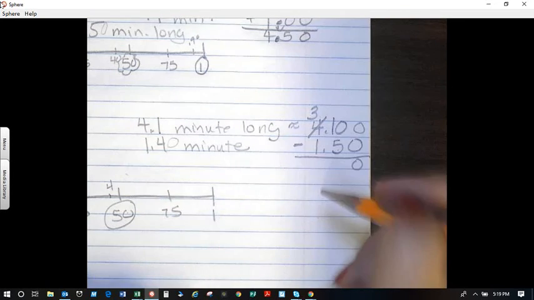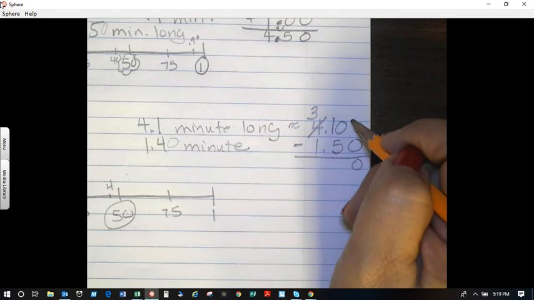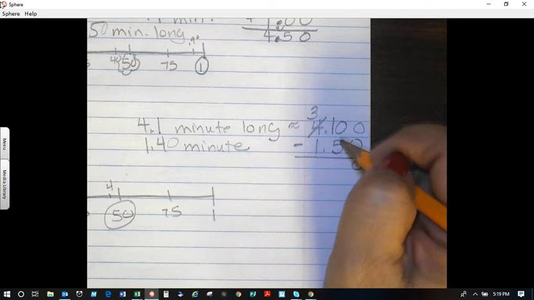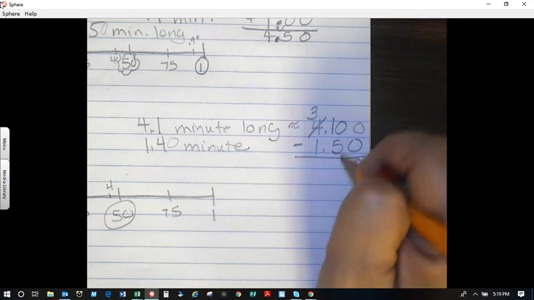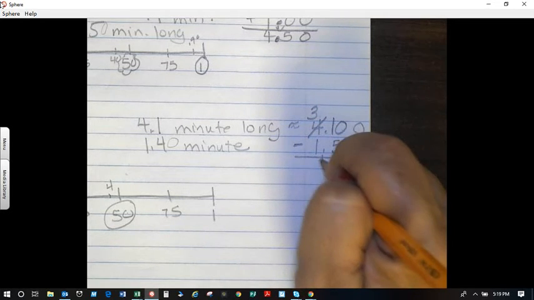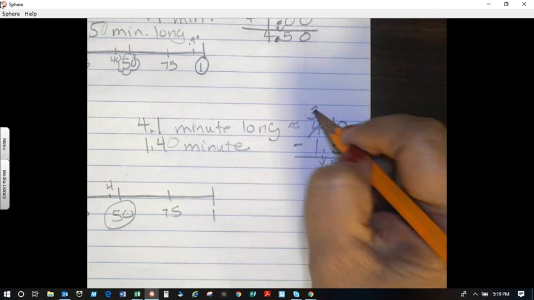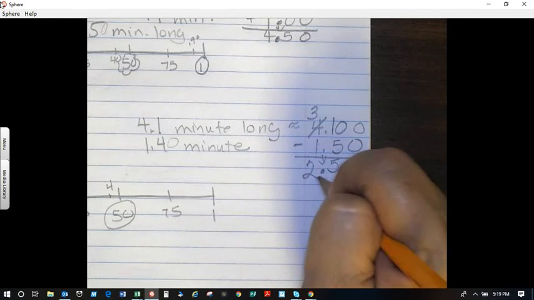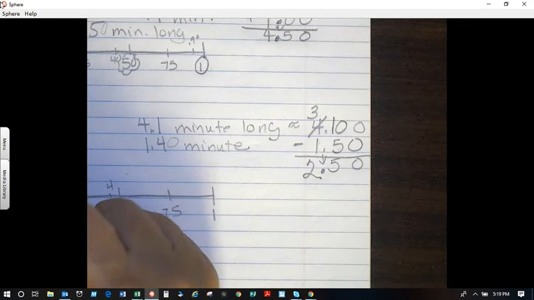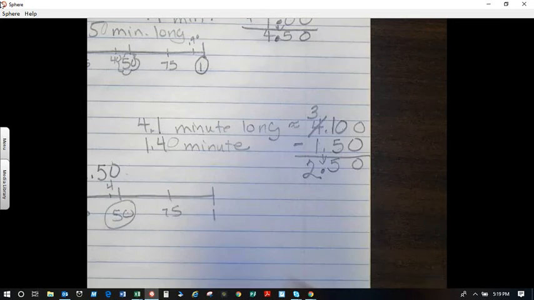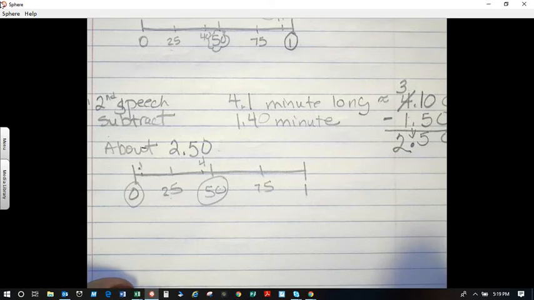So it's actually like 1 whole, but now can I take 5 out of the 10? Yes, so that makes it 5. Bring down my decimal, and 3 minus 1 equals 2. So this second speech is about 2.5 minutes, or 2 5/10 minutes.